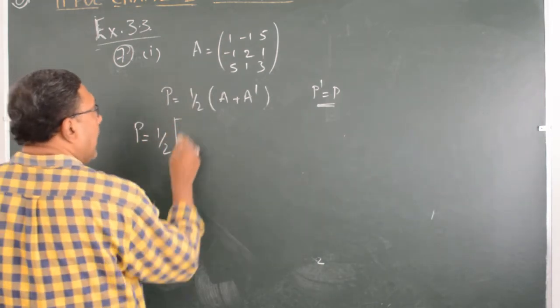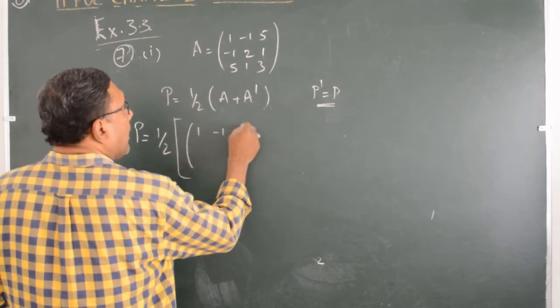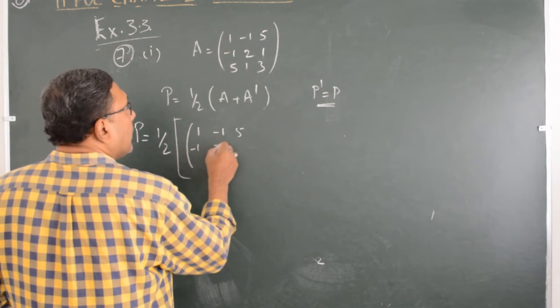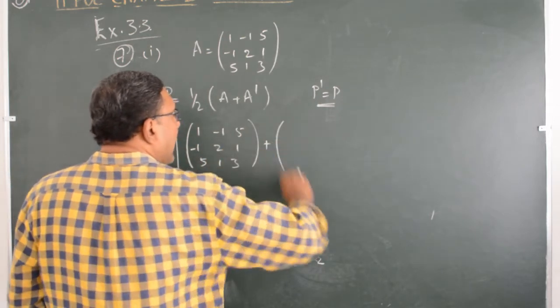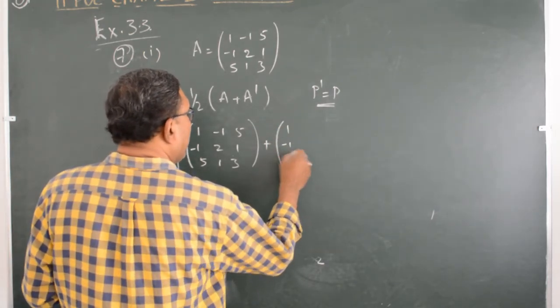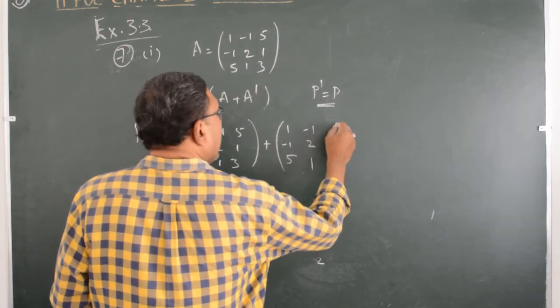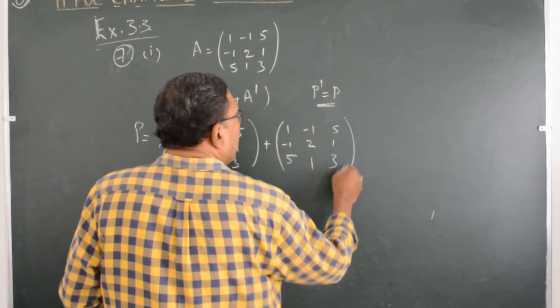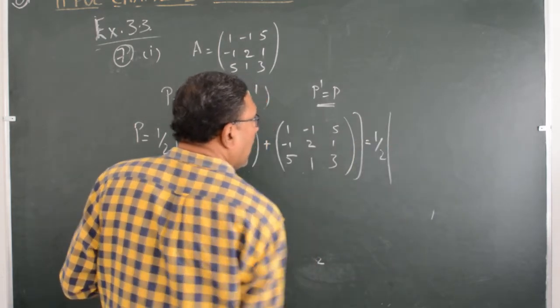I will take my A, which is 1, minus 1, 5, minus 1, 2, 1 and 5, 1, 3, added with the transpose of this matrix, 1, minus 1, 5, minus 1, 2, 1 and 5, 1, 3. Let us see what result I am going to get. I will keep the half outside only.